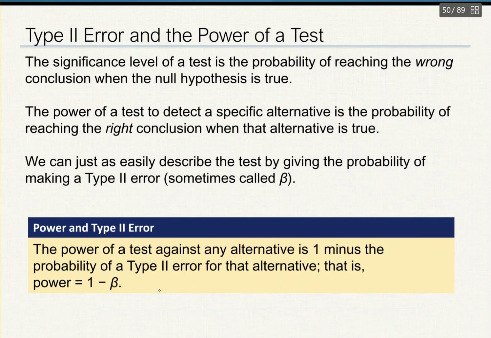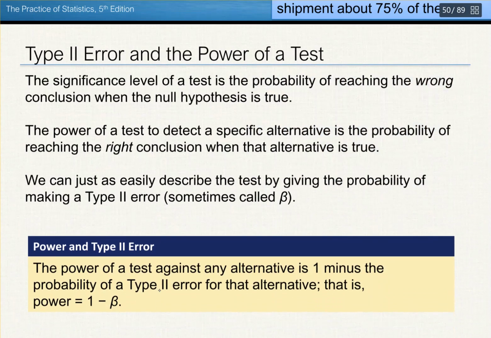So the quick, easy way to think about this is if we just find the probability of making a type 2 error, which in this case we'll call beta, then the power of a test against any alternative is 1 minus beta.